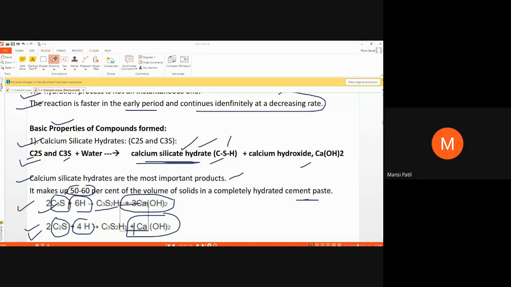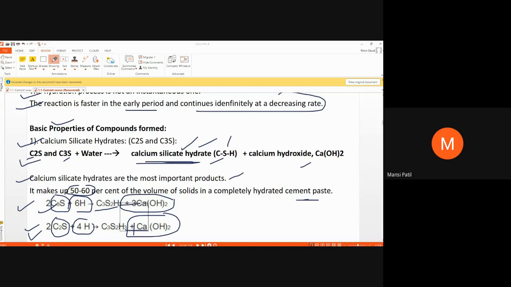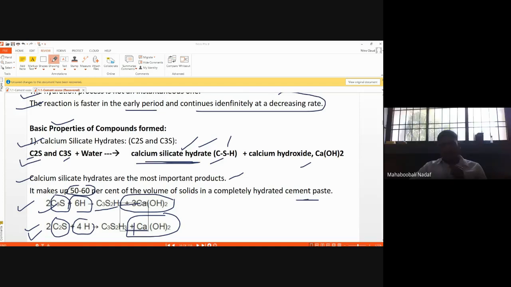Hydration. Have anyone noticed the water consumption for the same gel? Water consumption is less here. Now you have understood water consumption is less for C2S. Okay.